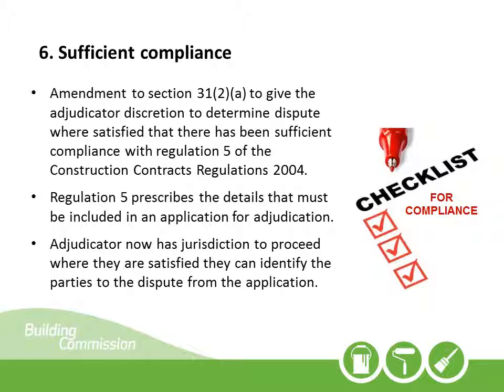Regulation 5 prescribes the particular details that must be included in an application for adjudication. The change means the adjudicator can proceed with determining the payment dispute if satisfied that the information in the application is sufficient to allow him or her to identify the parties.